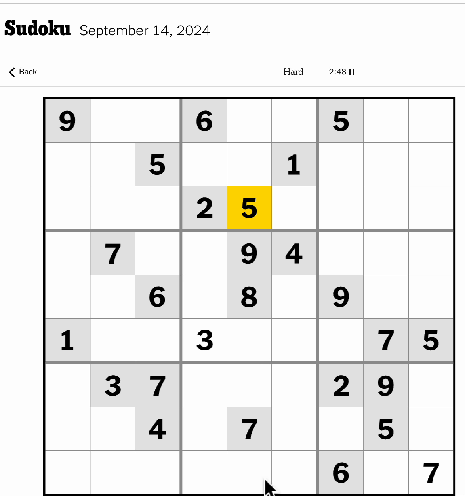1, 2, 6. 3 and 4 means 3 will be here, 4 will be this side. 7, 8, 9, 3, 4. Okay, wait, 7, 8, 9, and 9 blocks here. Does not mean much.